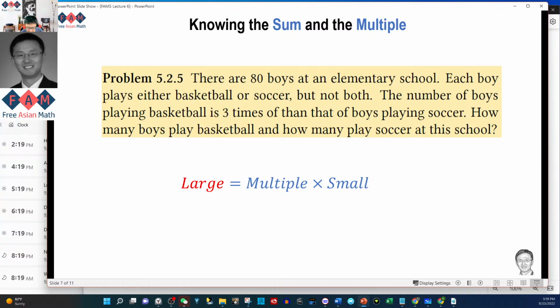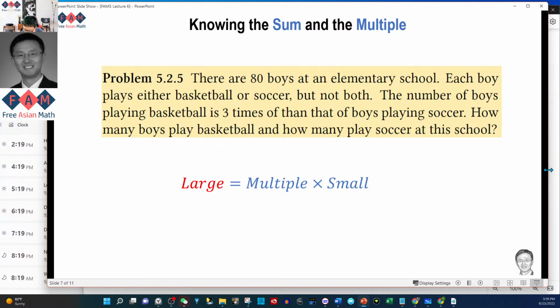That's a given, right? In this case, this multiple is 3 times. So in other words, large equals 3 times small. But at the same time, we also know the sum. So based on this first relationship, if we add the large number and the smaller number up, what will we get?